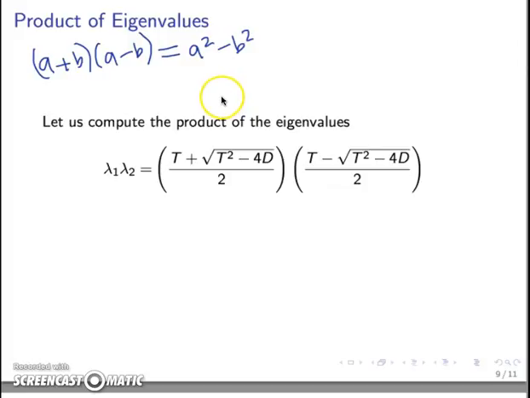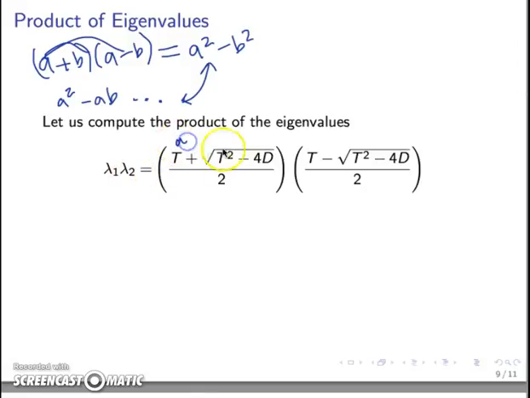If you don't believe me, you can pause this video right now and do the long calculation. a times a is a squared, minus ab, and then b times a, and so on, and that must be equal to a squared minus b squared. So if we multiply these eigenvalues, we do have an expression that looks like that.